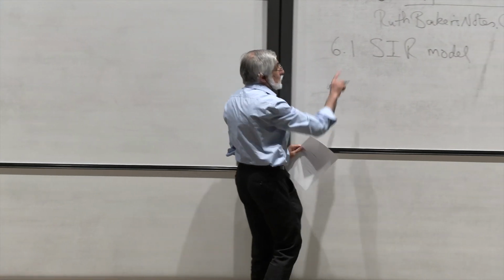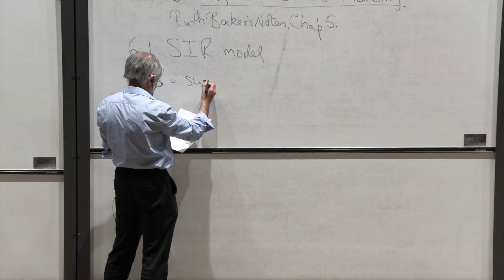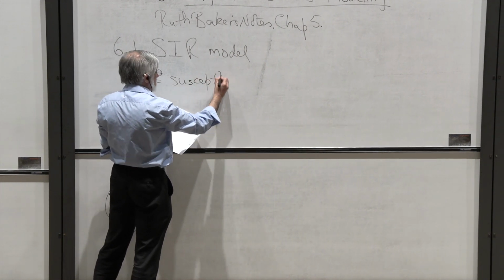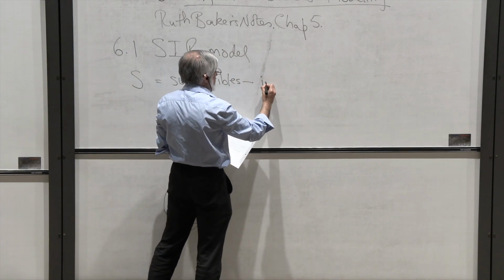So what we have here is S are the susceptibles. These are people who can catch the disease.